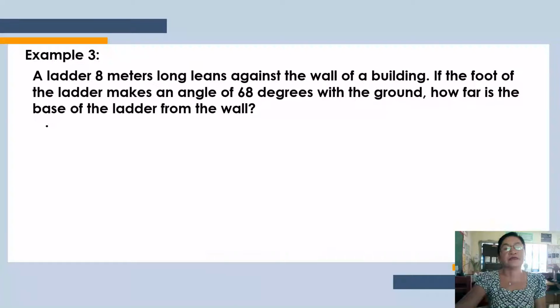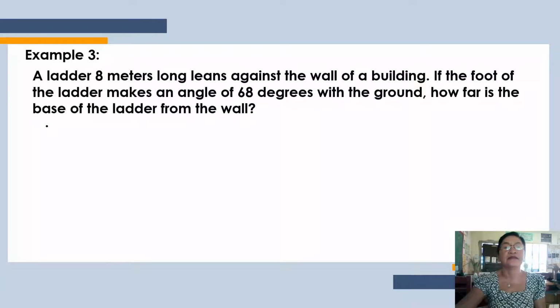Next, let us have another one. We have here a ladder 8 meters long that leans against the wall of a building. If the foot of the ladder makes an angle of 68 degrees with the ground, how far is the base of the ladder from the wall?